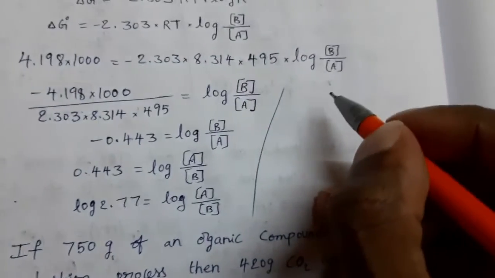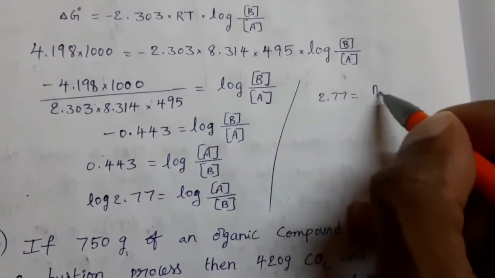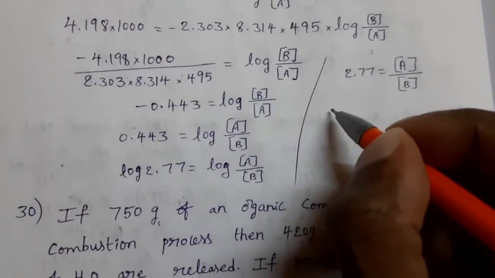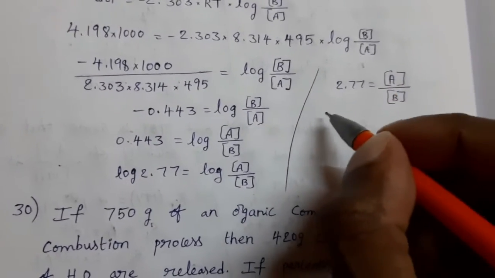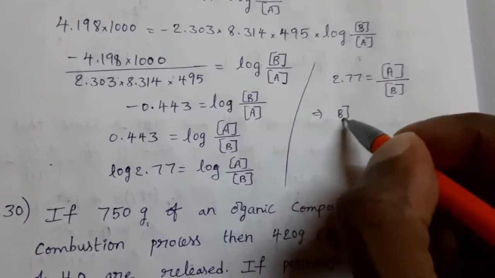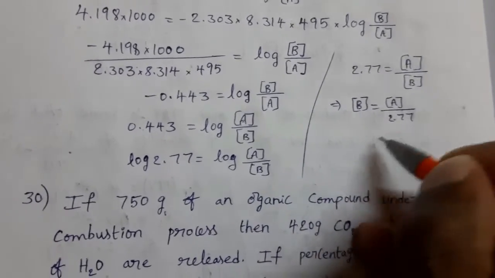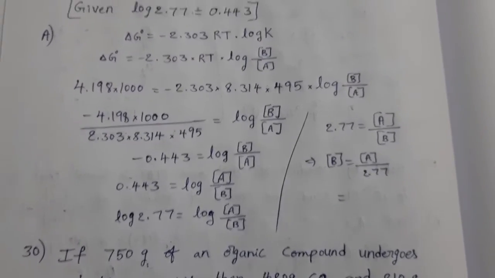Now by removing log we can get 2.77 equal to concentration of A by concentration of B, that equal to concentration of B equal to concentration of A divided by 2.77. At equilibrium, concentration of A is given in the question.